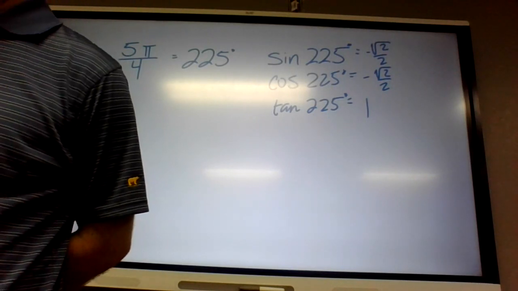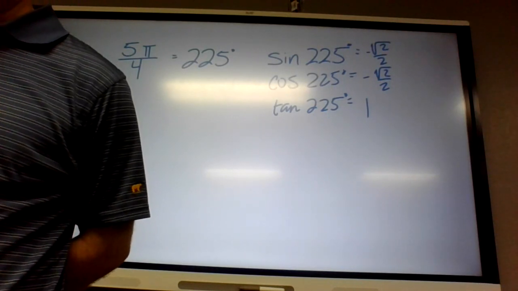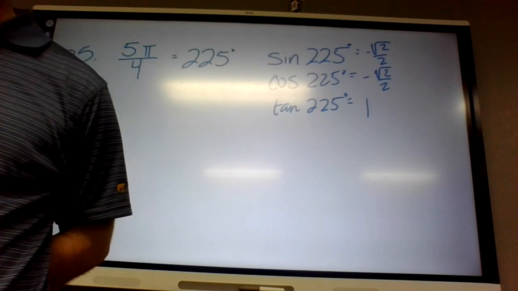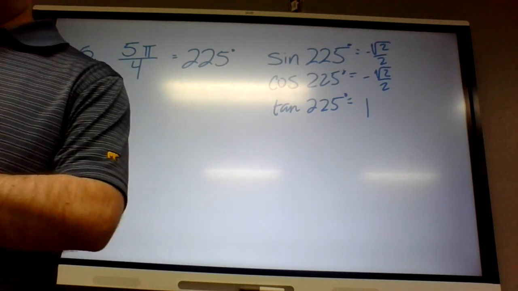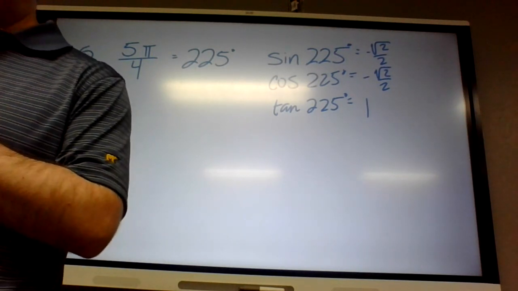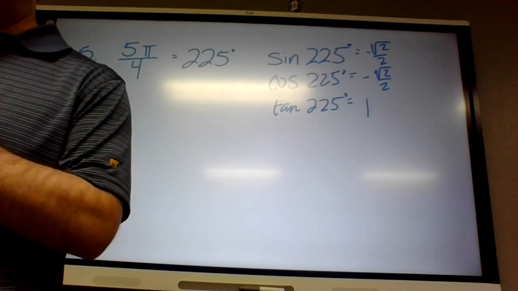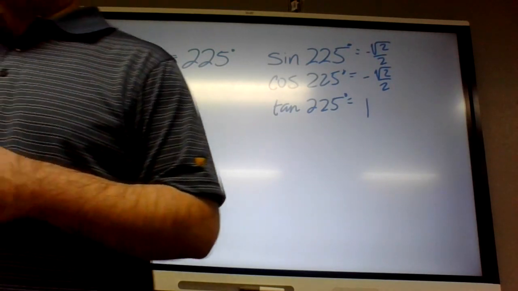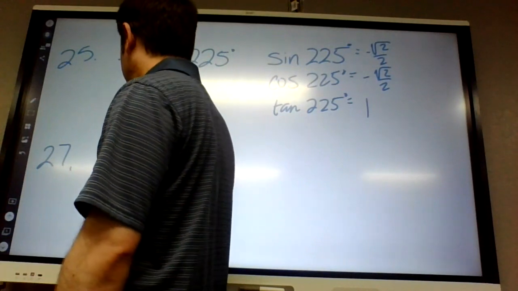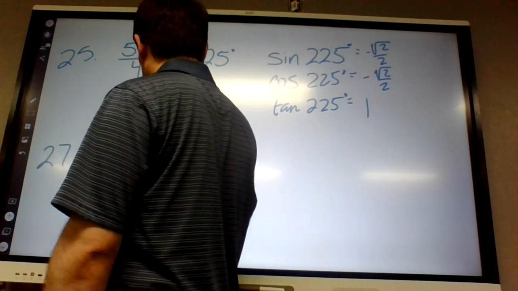Interesting. On 27, we might stop. This might be a good stopping place at this section. You can just use your calculator. How do we do number 29, secant of 270, though? Because secant's not a button on the calculator.